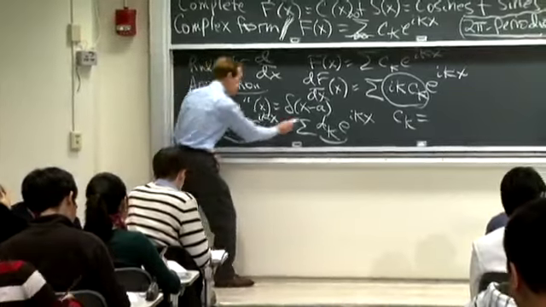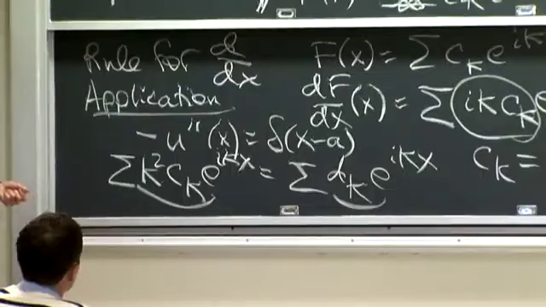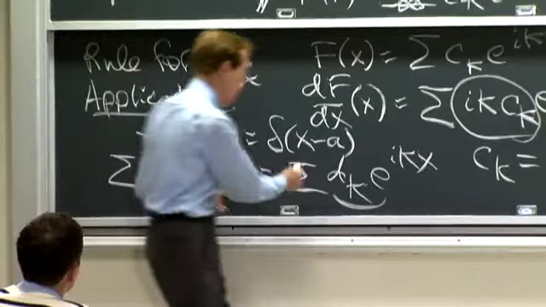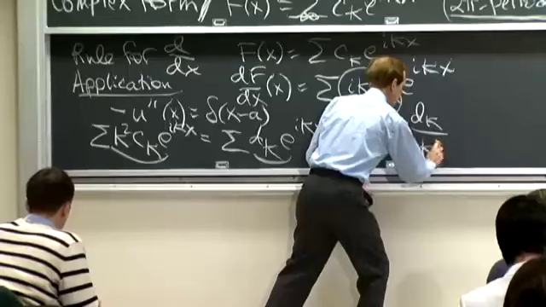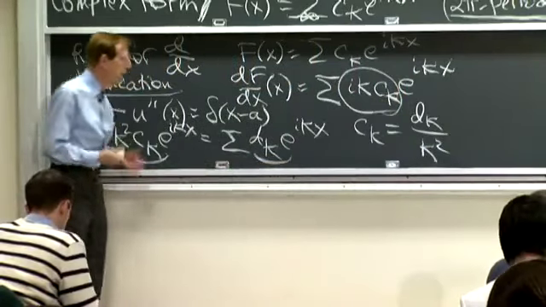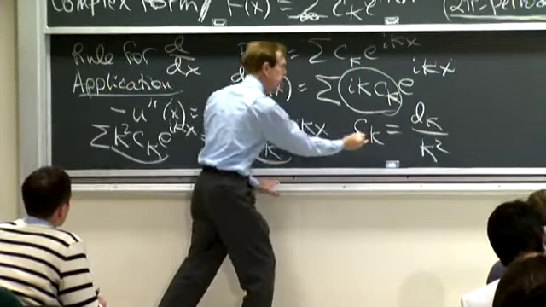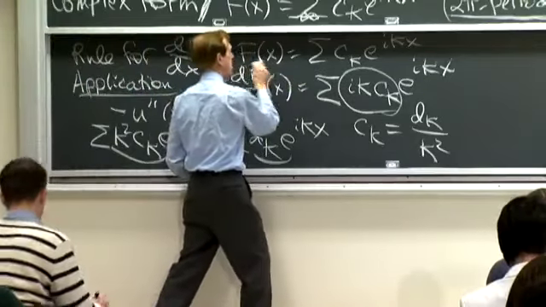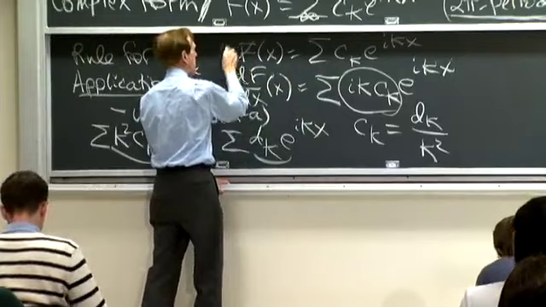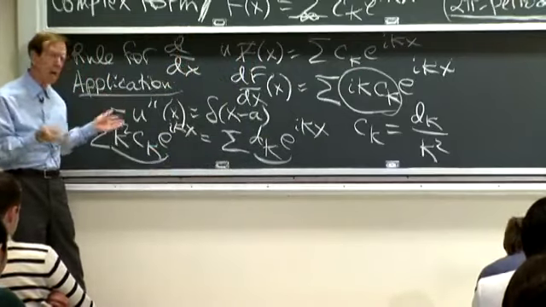You're just matching terms, just the way when we expanded things in eigenvectors, we matched the coefficients of the eigenvectors, and that involved just this simple step, like here, it's dk over k squared. Good. And then what's the final step? The final step is, now you know the right coefficients, add them back up, here I'm temporarily calling it u, to find the solution, right? Three steps.